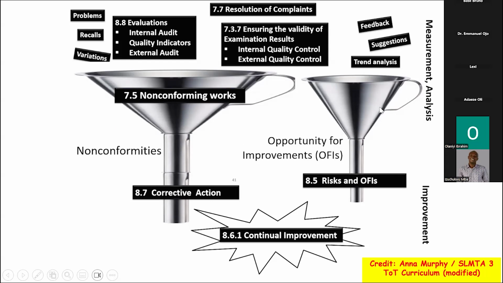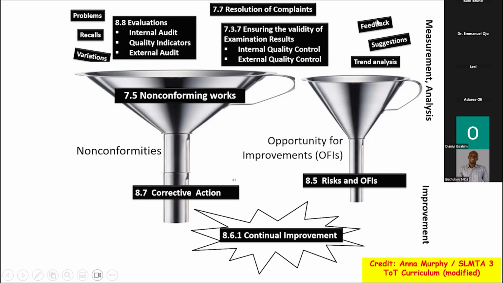On the other side, the current version of the standard also talks about things that are not yet non-conformities, but they are what you call risk assessment, meaning something has not really gone wrong, no wrong result has been released, but we are just studying the trend of the way things are going. And we realize that, oh, this thing might go out of hand if actions are not taken.